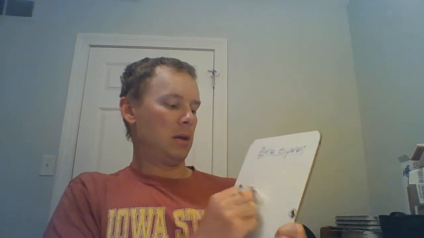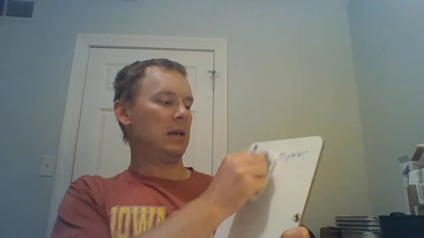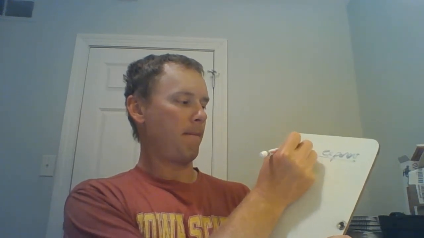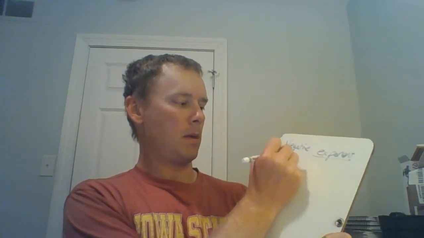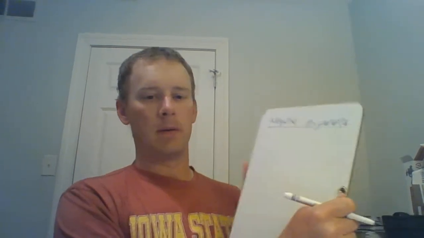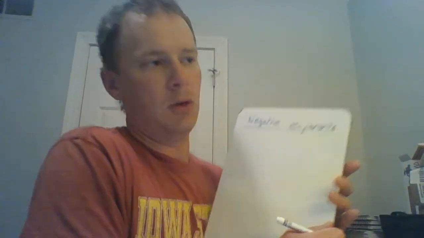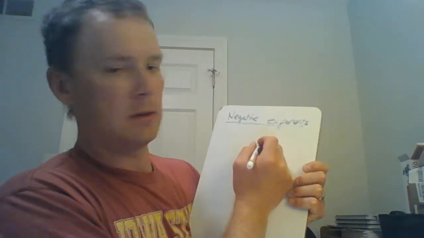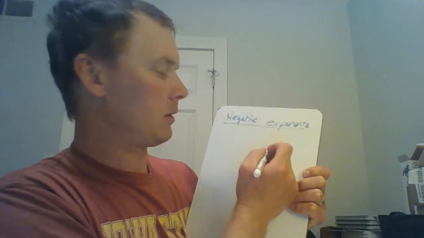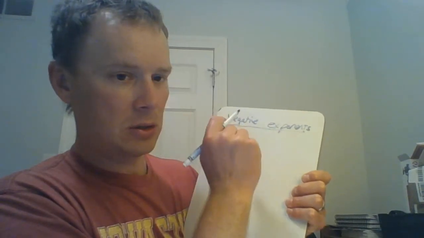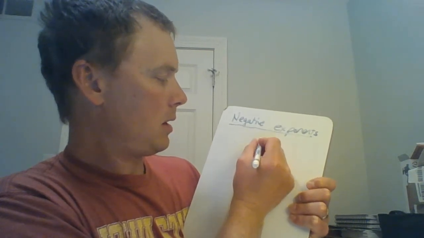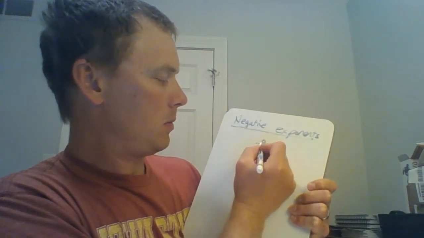The other thing that I wanted to show you was negative exponents. Let's make a little pattern first to help us understand what happens with negative exponents. So let's just use the number 3. 3 to the 0.